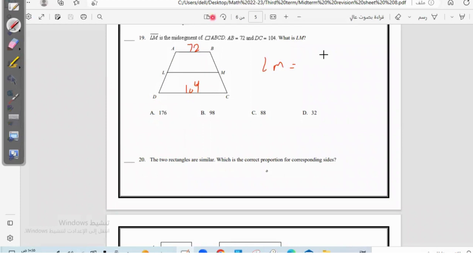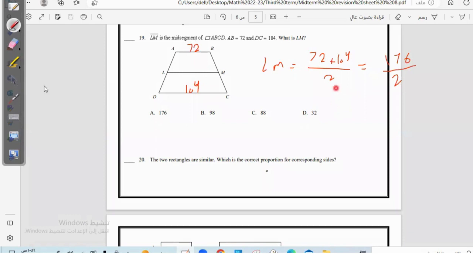So it's 72 plus 104 divided by 2. Here 176 divided by 2 is going to be 88.